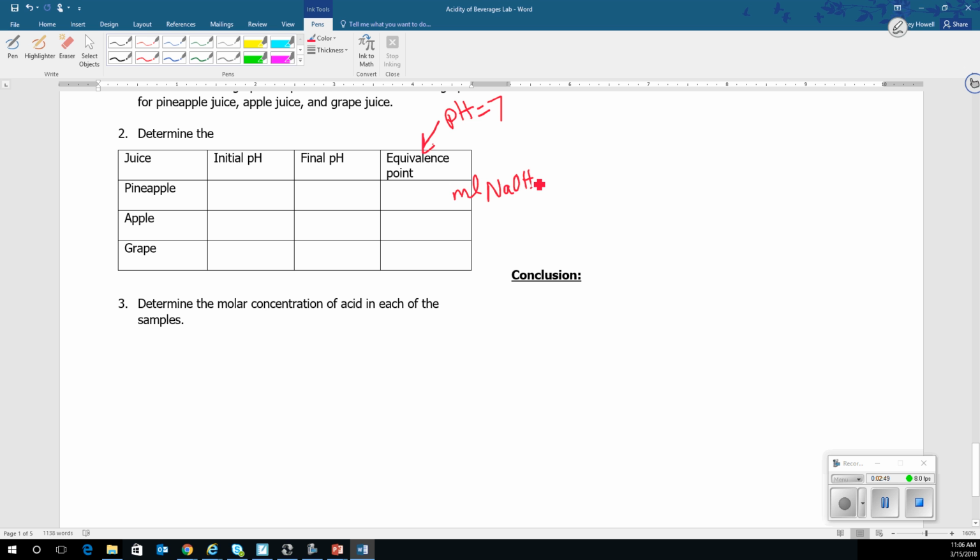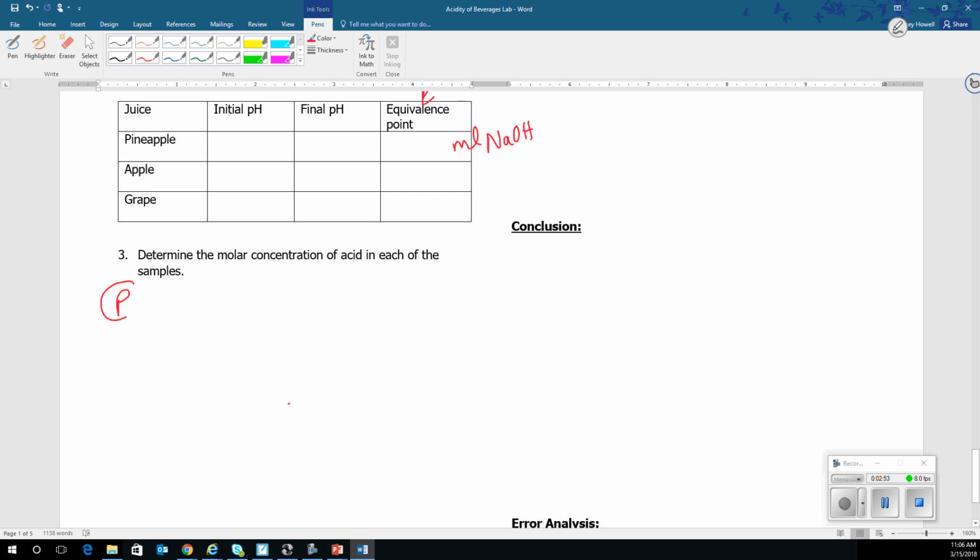Then for this next part, for pineapple, I'm just going to work through with pineapple. I'm going to assume, you know what happens when you assume, but I need a number. I'm going to assume that I got this many milliliters, just so I have something to work with.